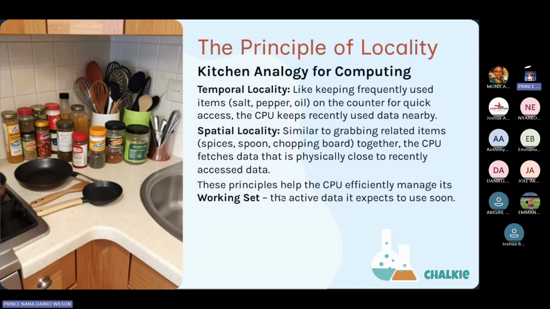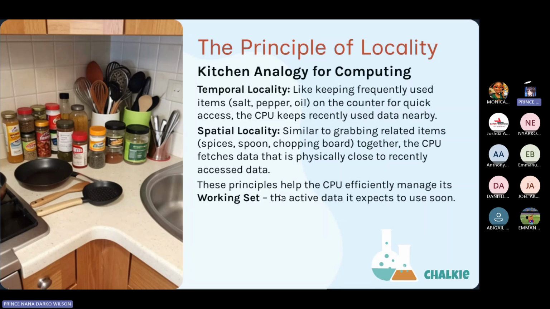Therefore, the computer will say, okay, since I know he's constantly entering two inputs, when I go to call on the variable for the first input, I might as well carry it along with the second input and bring it closer, so that when it is ready to be accessed, it will be easier for me to reach and I wouldn't have to overstretch.